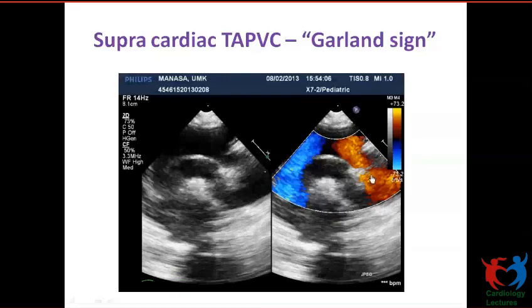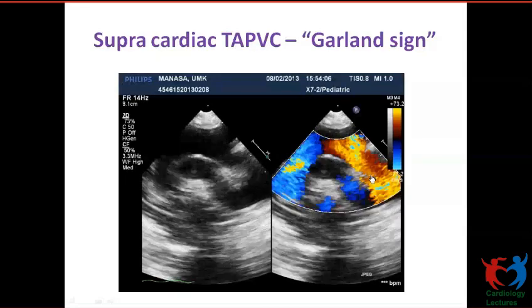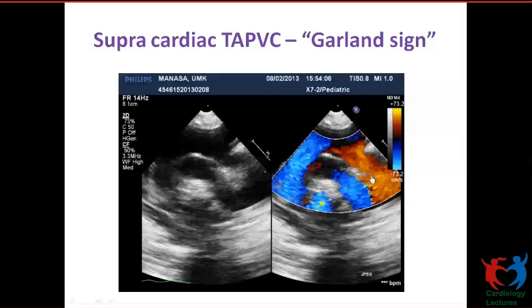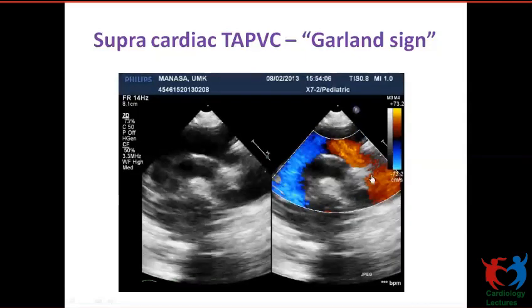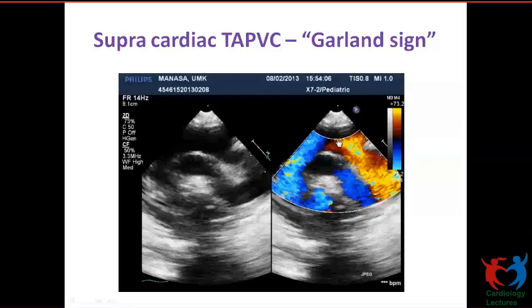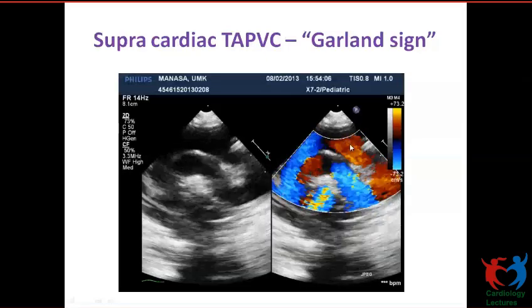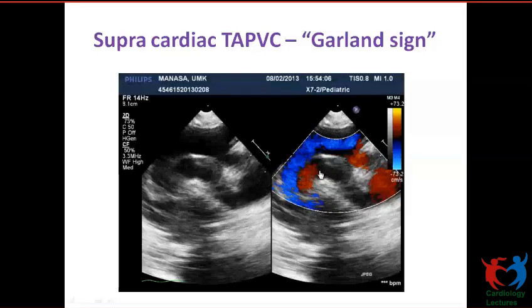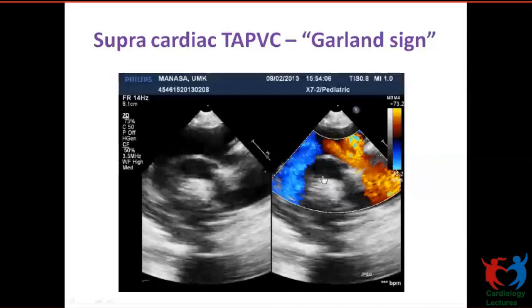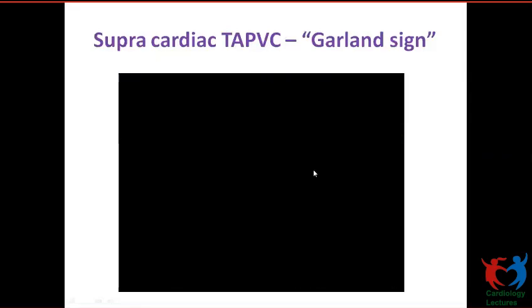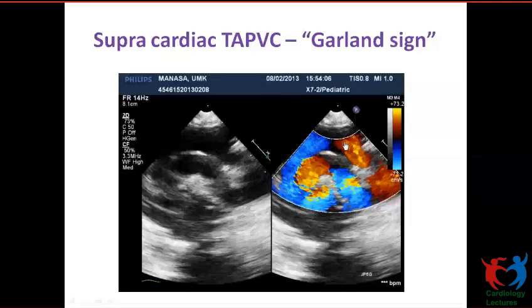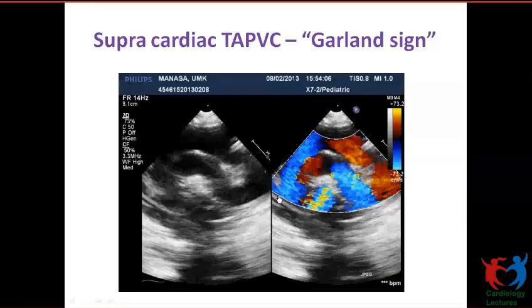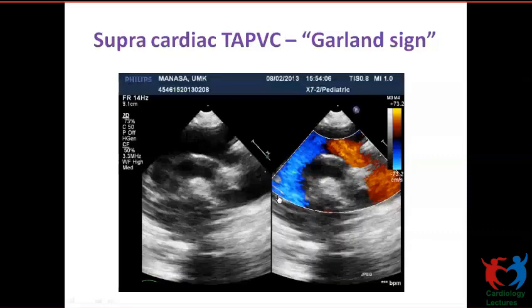Is the vertical vein the same as LSVC? No, different; you should understand that. The vertical vein is not the LSVC. The vertical vein, innominate vein, and SVC are highlighted here. There you can see the flow towards the pulmonary artery and then the aorta.